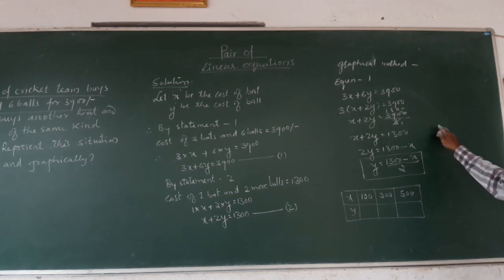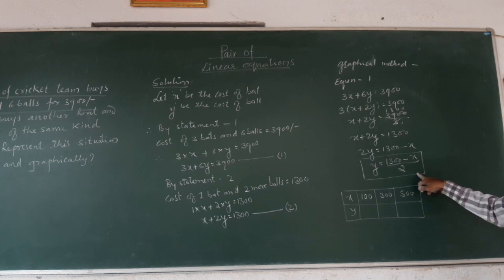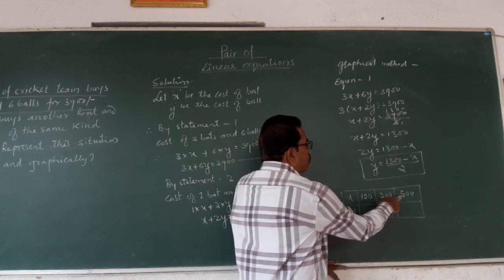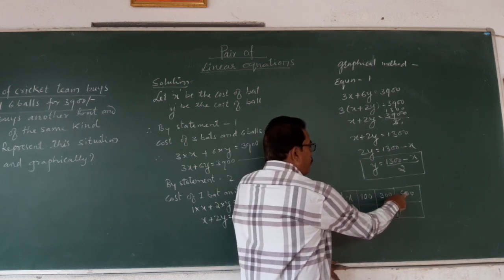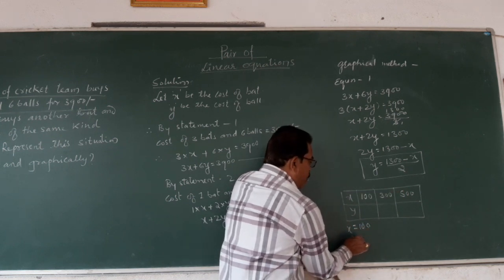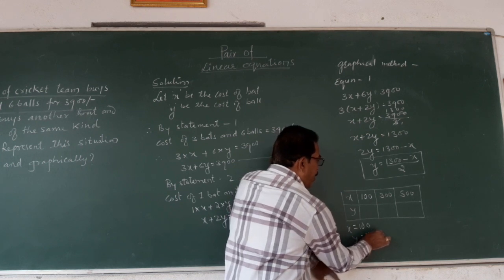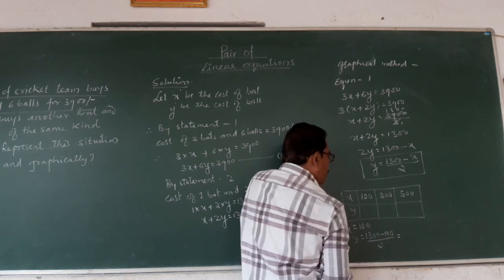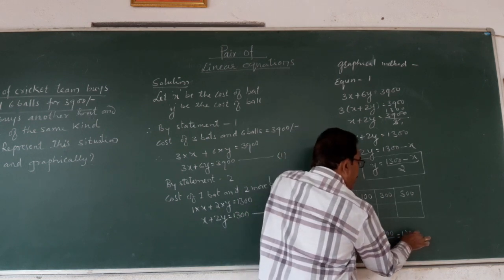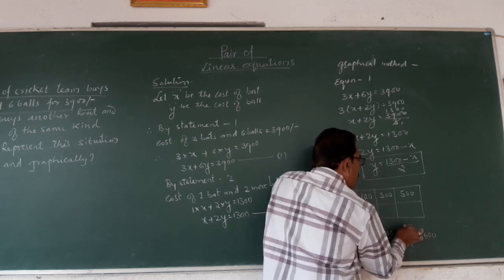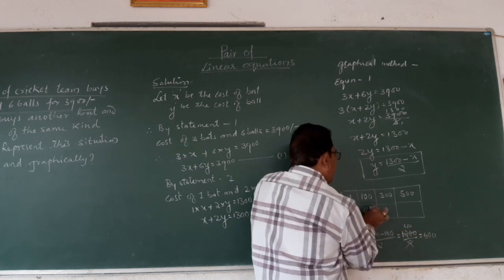Okay, this graphical method I have shown, now I have solved. So let us consider the values of x as 100, 300, and 500. If x equals 100, then y equals 1,300 minus 100 divided by 2, which is 1,200 divided by 2, equal to 600.